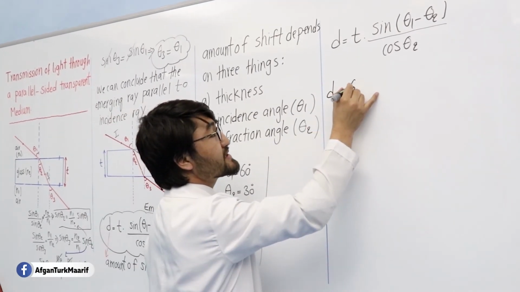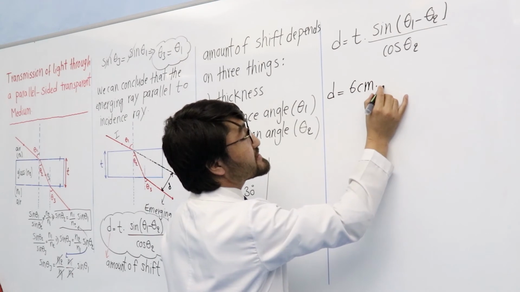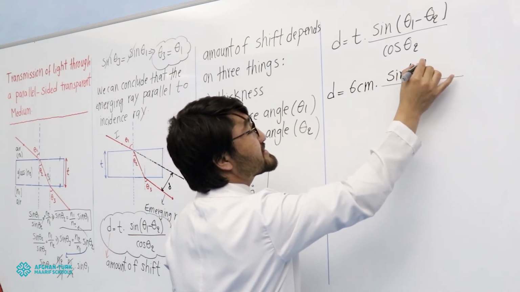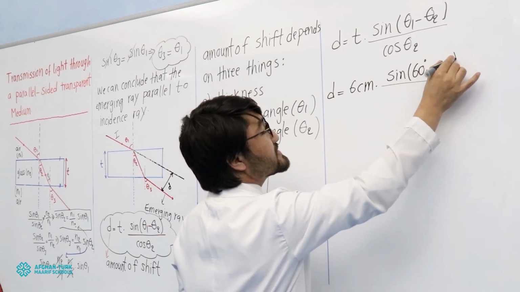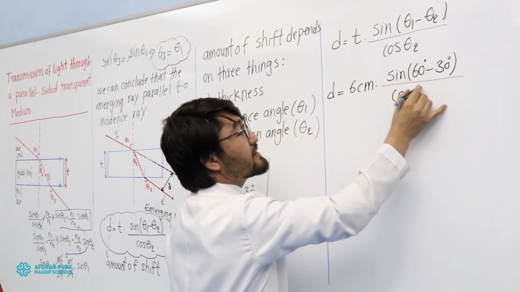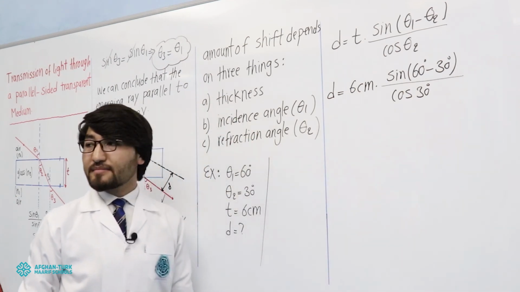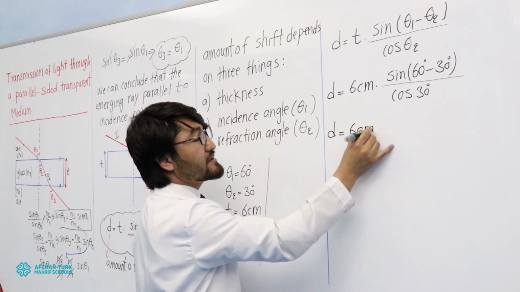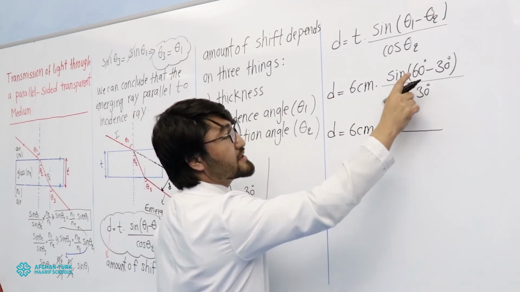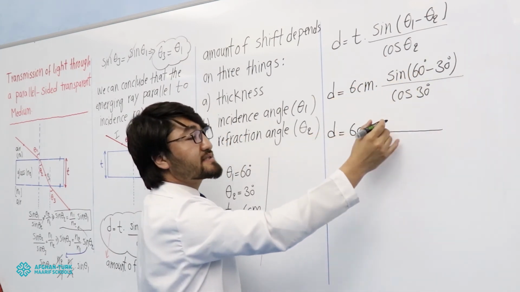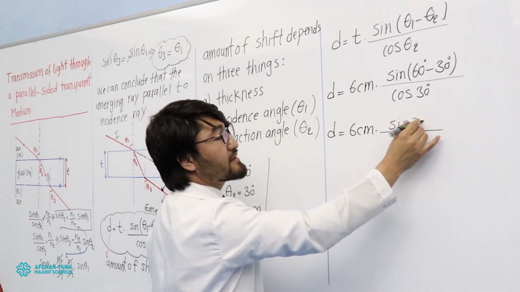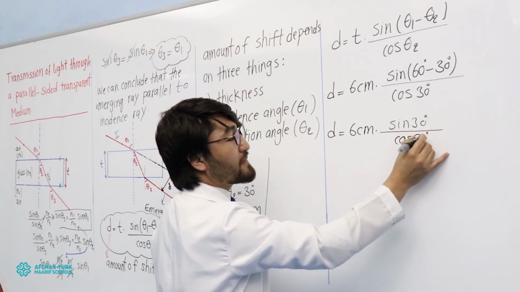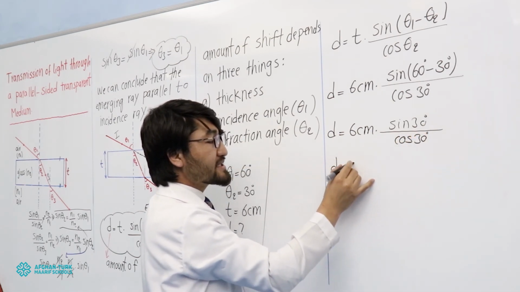Thickness is 6 centimeter times sine of theta 1 60 minus theta 2 30 over cosine 30. D is equal to 6 centimeter times sine 30 over cosine 30, since 60 minus 30 is 30.